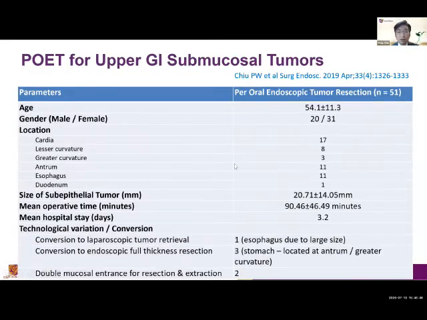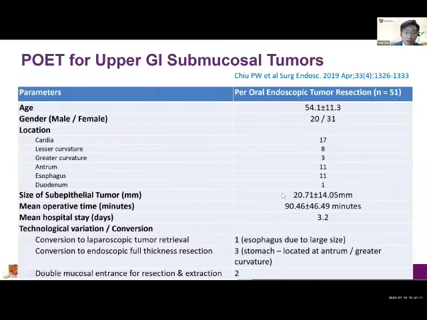This is our report in Surgical Endoscopy with 51 cases of peroral endoscopic tumor resection. The locations of these tumors we selected were the gastric cardia, lesser curvature, and esophagus, because these are the most difficult sites even for laparoscopic surgical resection.